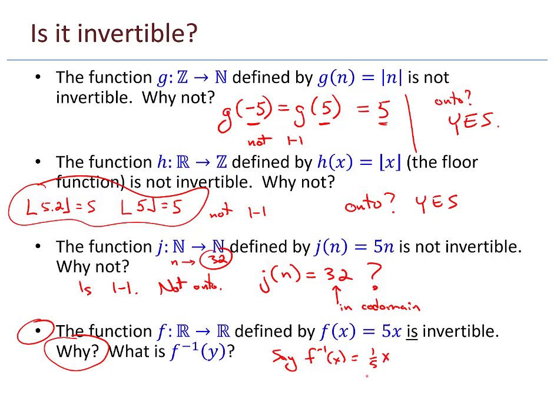So then f of x equals 5x, and then f inverse of 5x equals 1/5 of 5x, which is just x. So it takes me back to where I started. And so I really do have an inverse function.